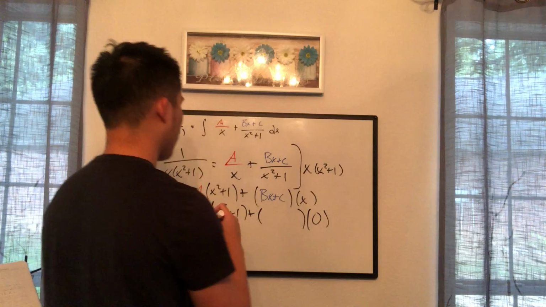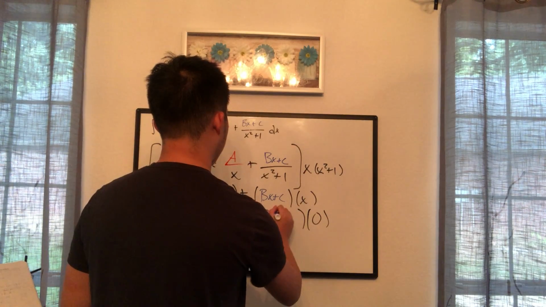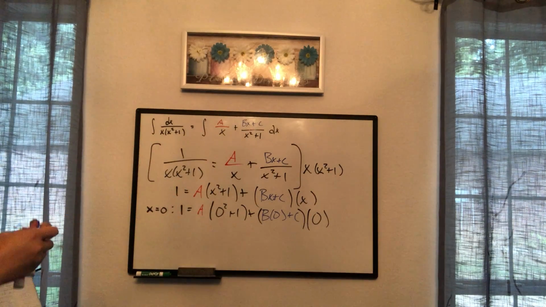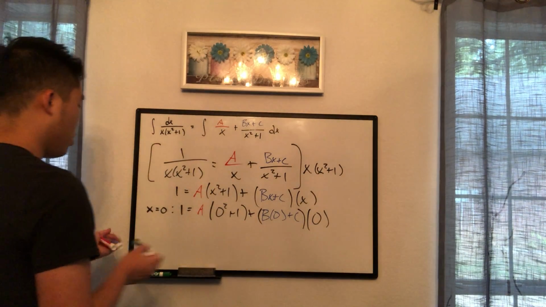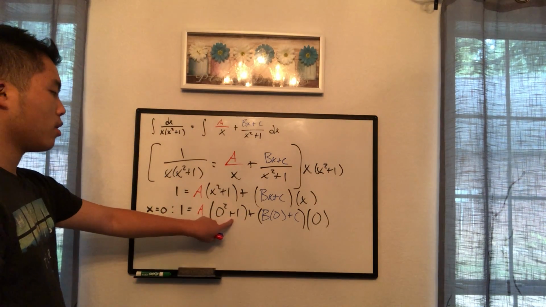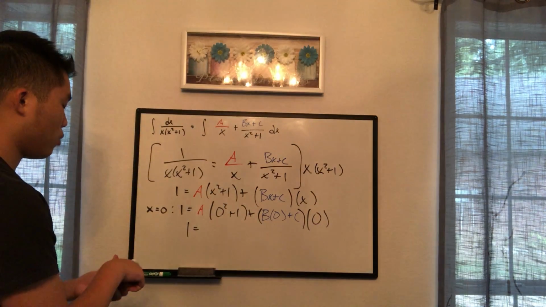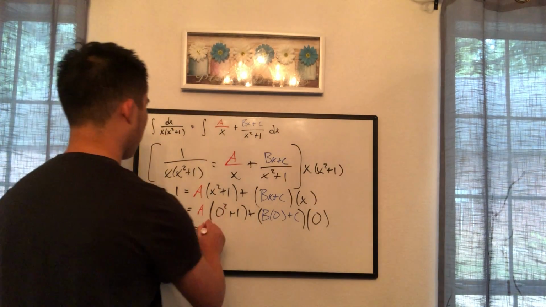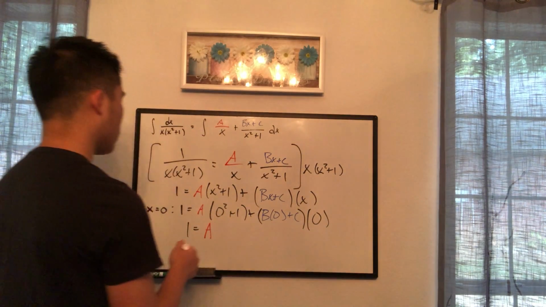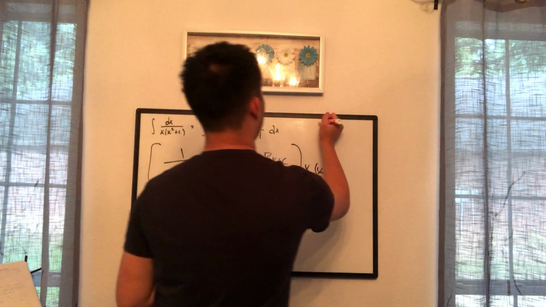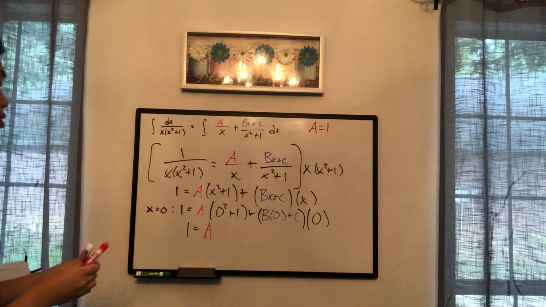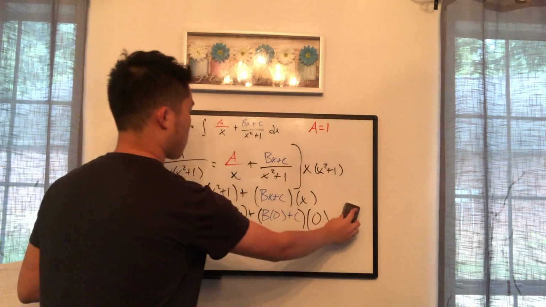Then in the middle we have B times 0 plus C. So simplifying this, we get 1 equals 0 squared is 0, plus 1 is 1, and 1 times A is just A. And over here, we can see that these two cancel out with each other. So A equals 1. I'll write it up here, and I will erase this so that I have room to solve for B next.